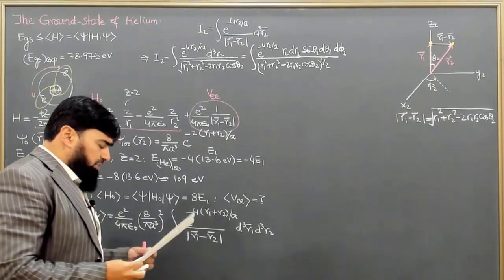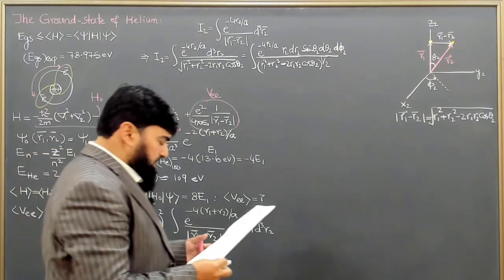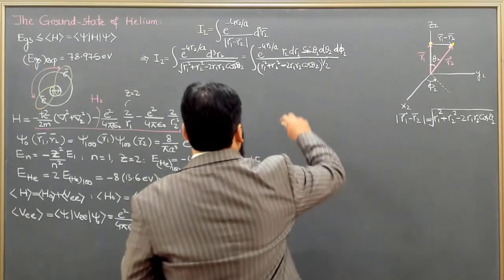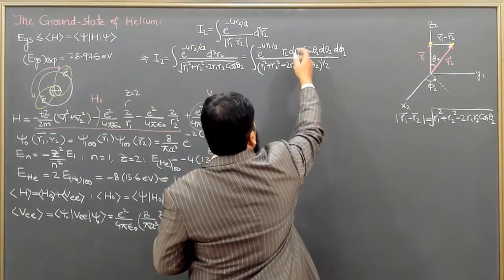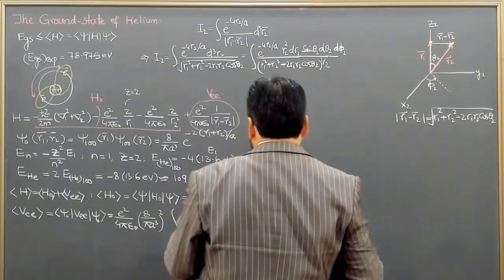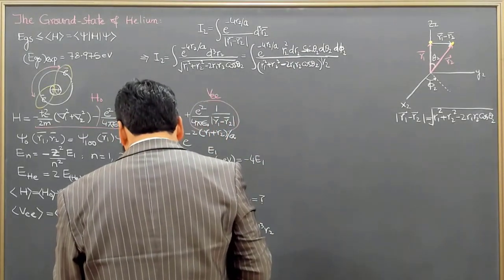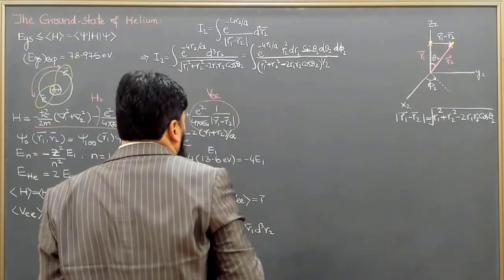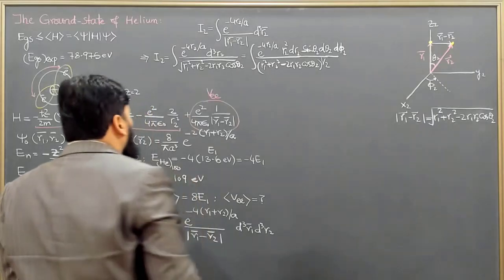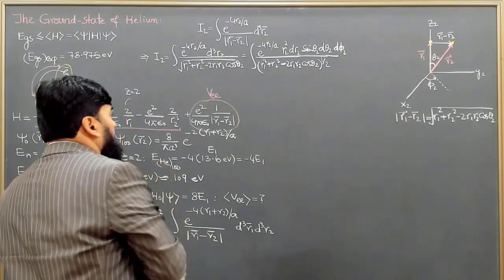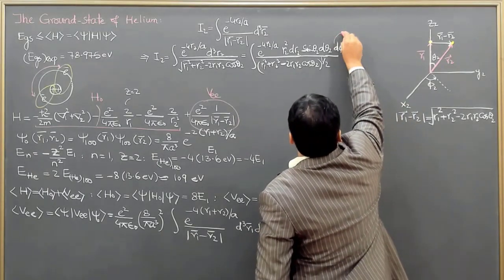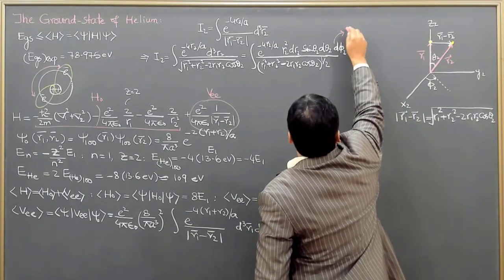So I have written the volume element as well, okay, and this is not r dr, but this is r square dr sine theta d theta and d phi. So I have written the integral over here. Now if I look at the integral, then the integral over d phi is very easy, and it just gives 2 pi.